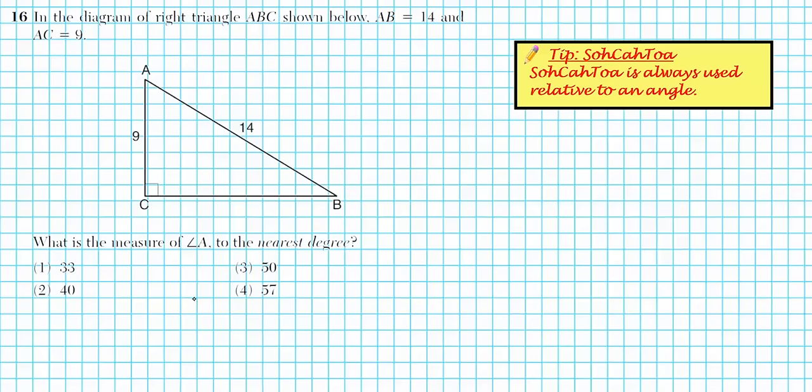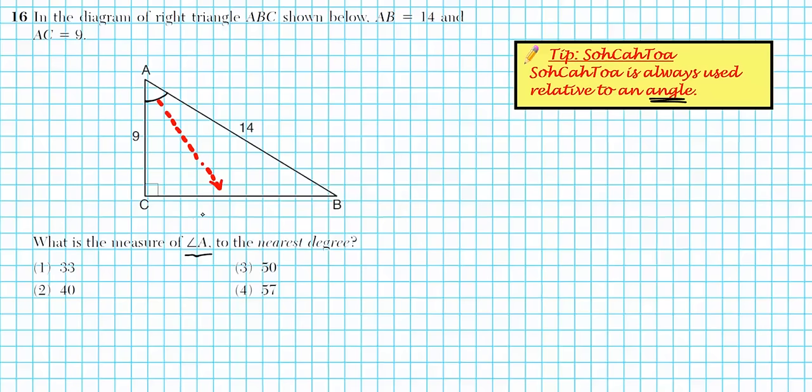So in this problem, we're looking for angle A, so our reference angle will be angle A. We're going to label this triangle relative to this angle. Now, the side opposite the angle we are labeling with reference to is known as your opposite.